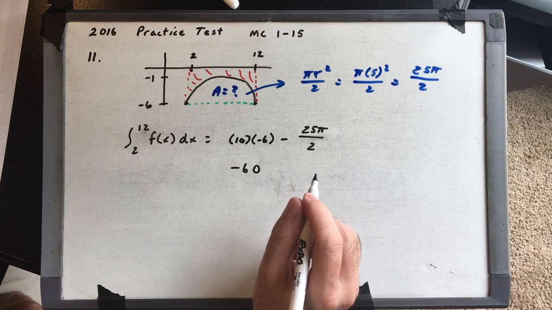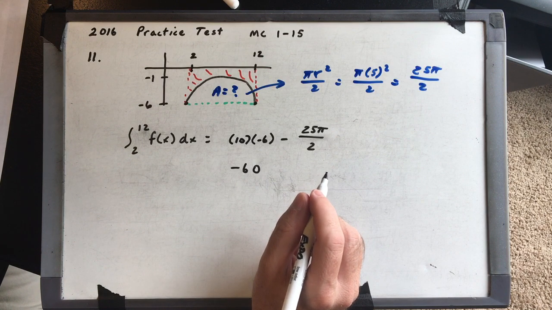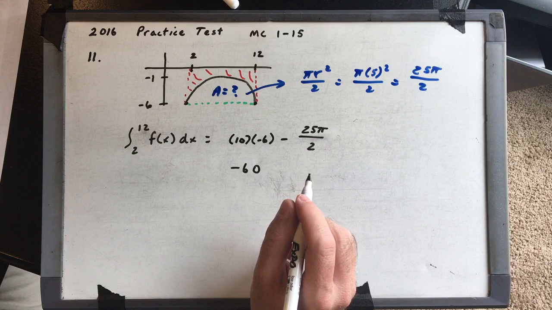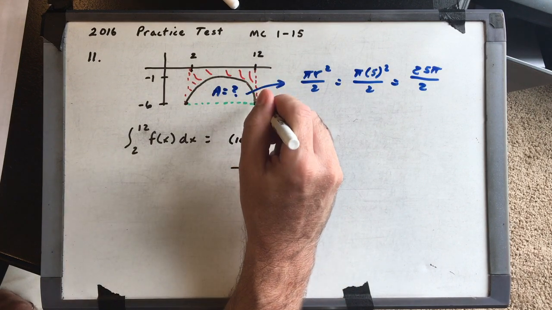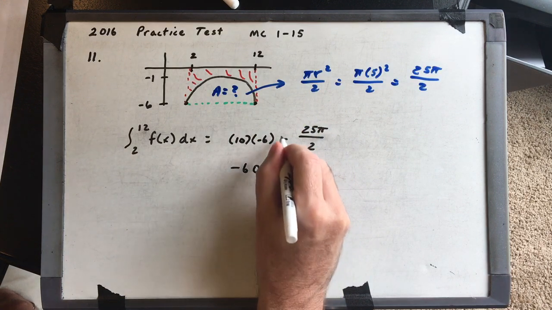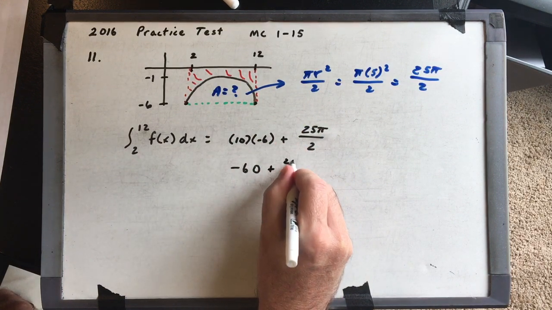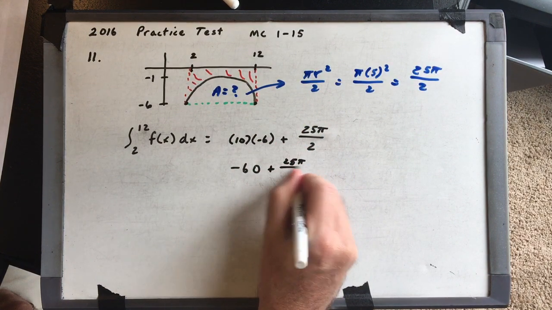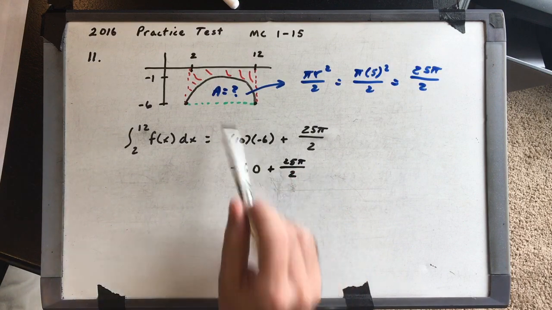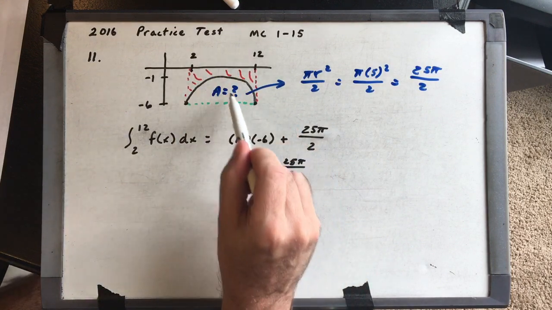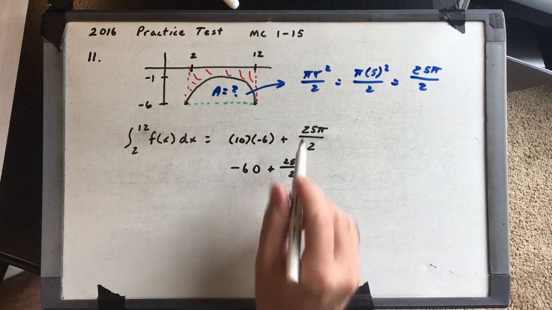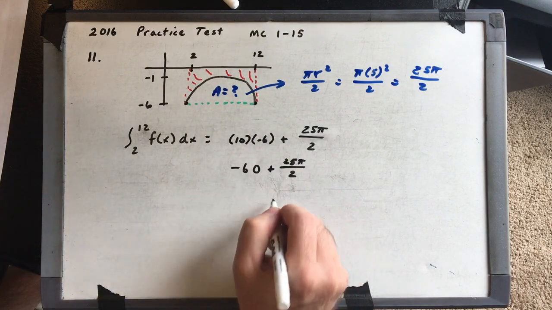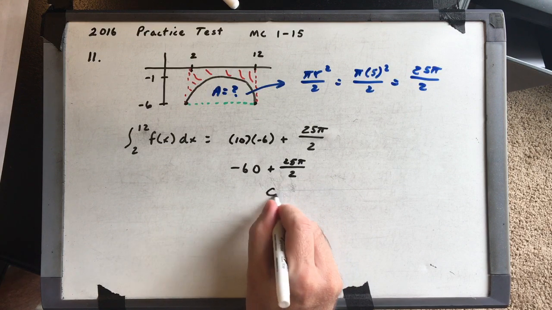Plus 25 pi over 2, because if you minused it, it would give you too much. So plus 25 pi over 2, since the whole thing is negative, then you've got to add back that amount to get the red area. So sorry about saying that was negative. So that is option C.